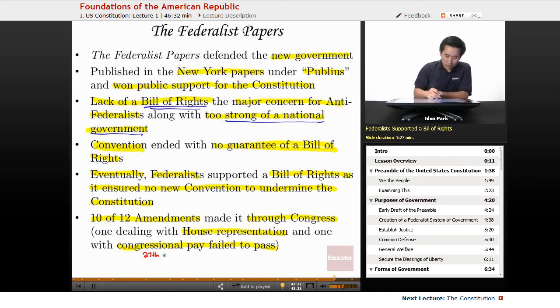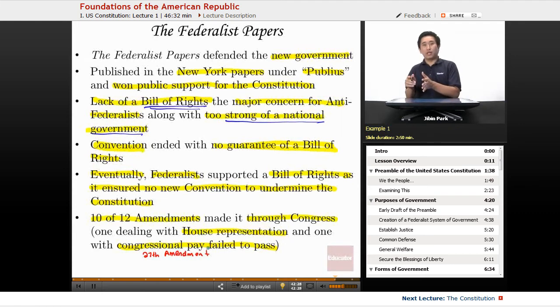So that was kind of an interesting situation. There's no time limit regarding the difference between when an amendment is proposed through Congress and when it's ratified. So the 27th Amendment, our most recent amendment that was passed, was actually proposed in the 1790s and ratified in the early 1990s.